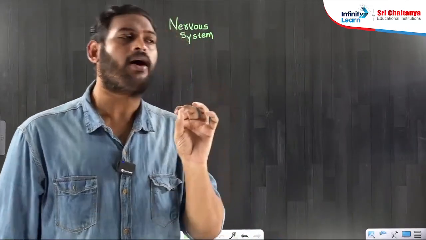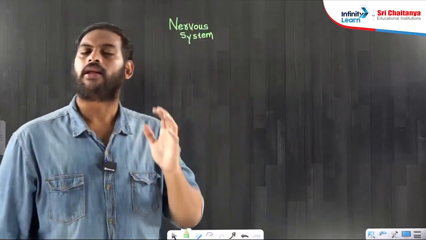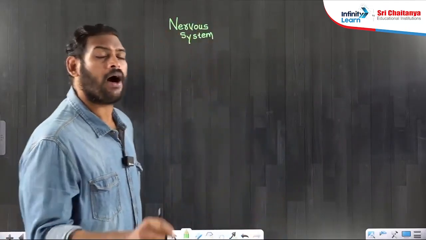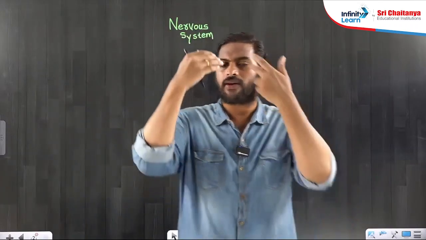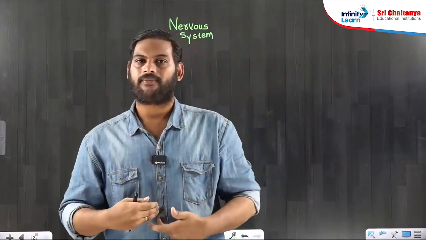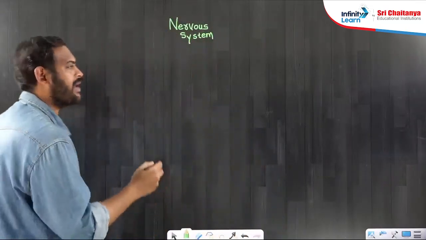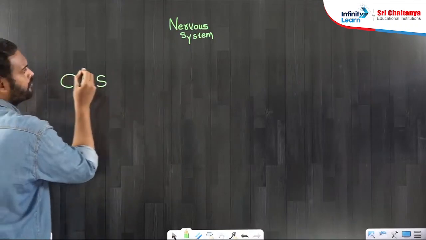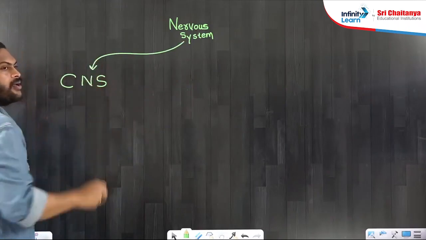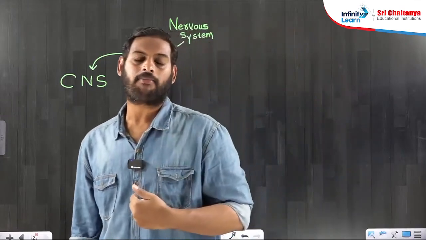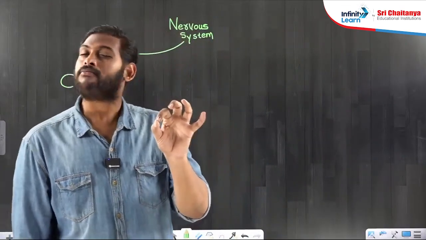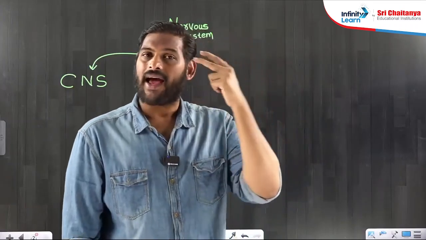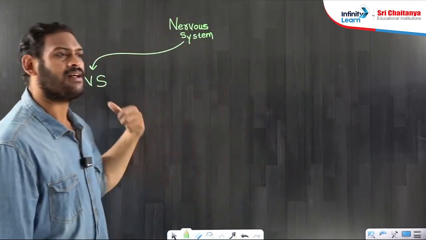The part of the nervous system confined to your axial skeleton, protected by your skull and vertebral column, we refer to as the central nervous system.